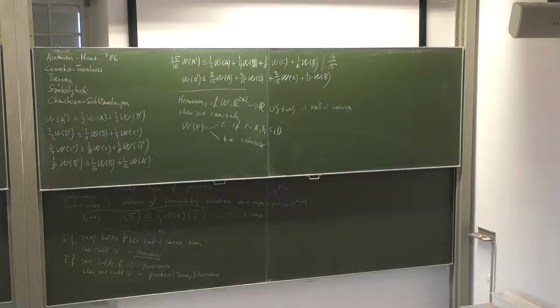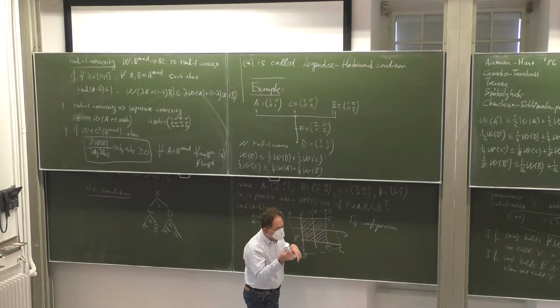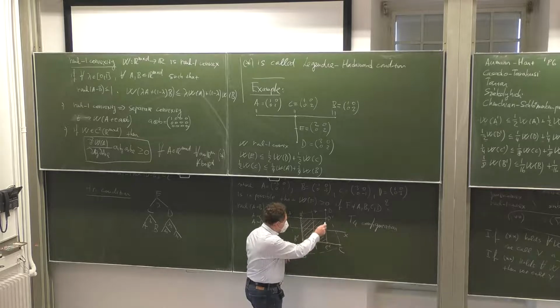So for every convex function, 0 at these points, the value of this convex function here would again be 0. But I see that this point doesn't belong to the rank 1 convex hull. It's not a laminate, because laminates have barycenters only here in this red piece.